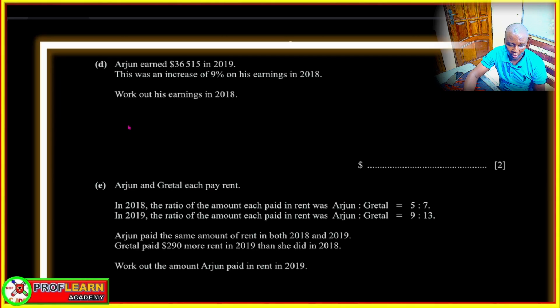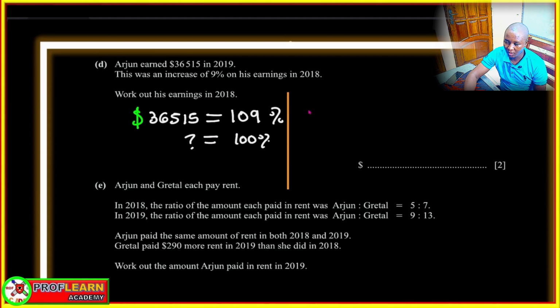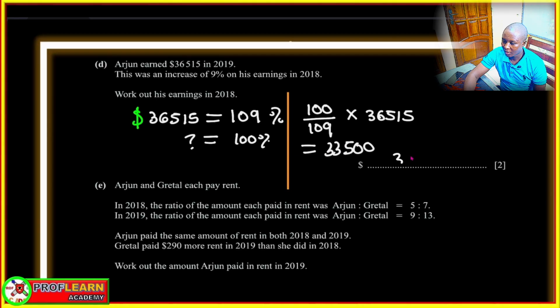We're going to say 36,515 is equal to 109%. What about 100%? So that we can work it out, our answer is going to be 33,500 US dollars. Yeah, so that's what we were supposed to do at that part.